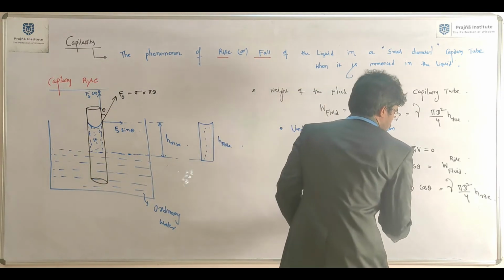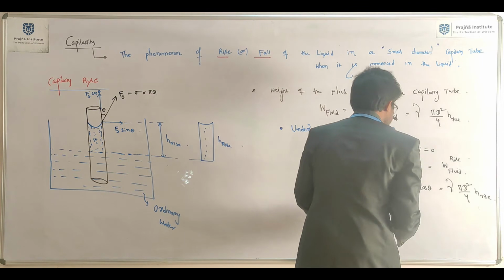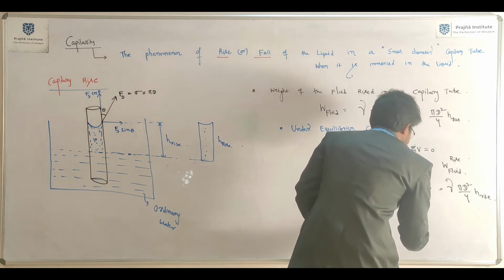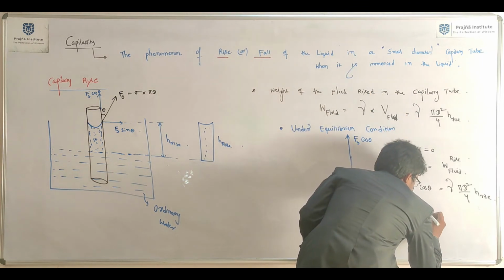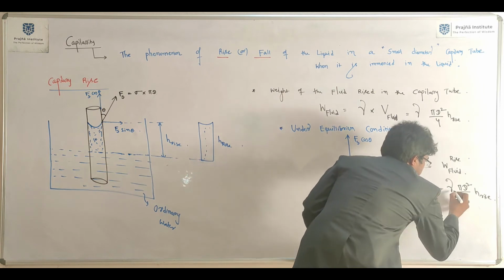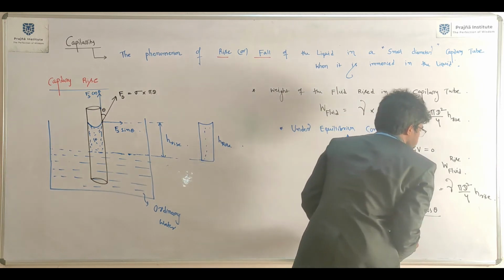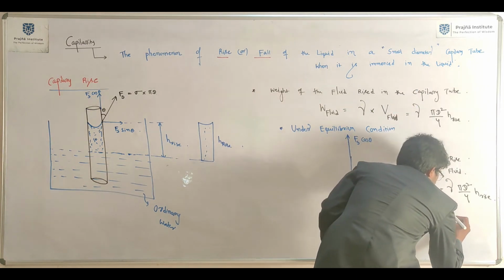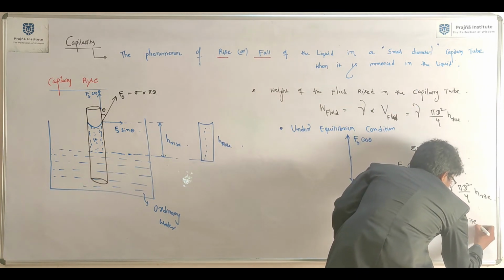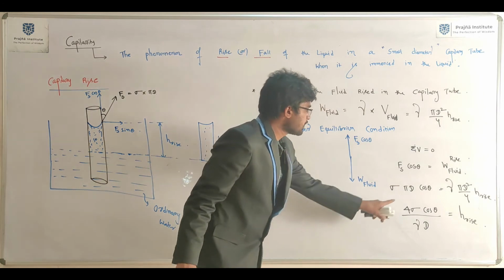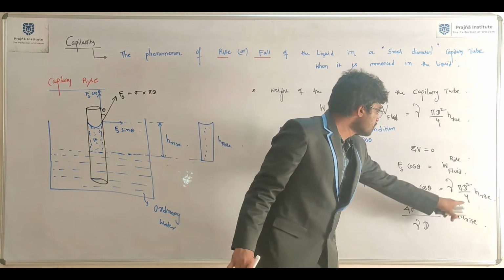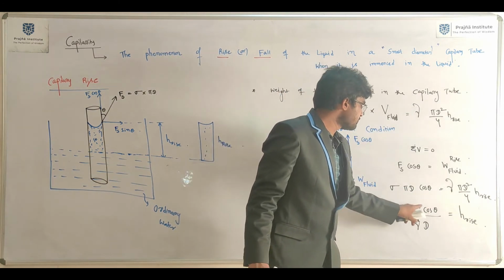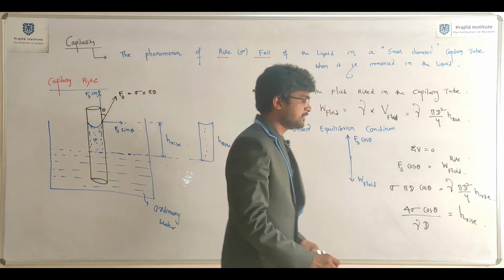What will you get? H rise you need to calculate. Pi d gets cancelled out. 4 will come here. 4 sigma cos theta by gamma into d, that is H rise.